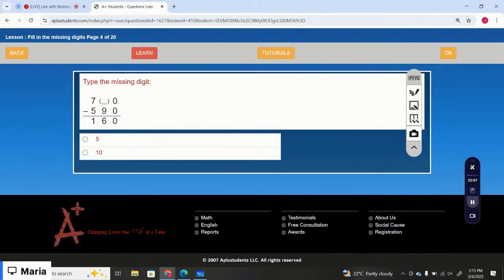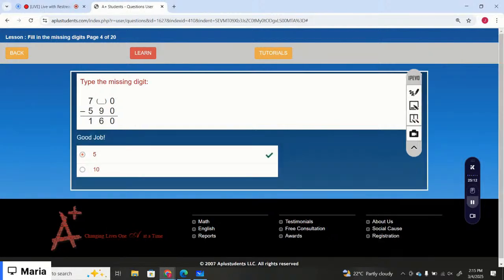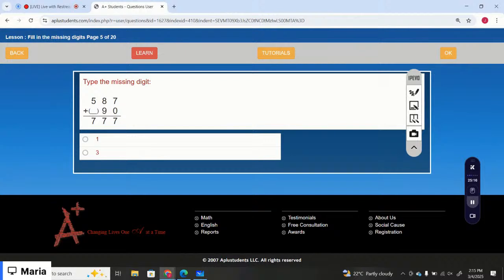The missing number is 5. Option number 1 is the correct option. Type the missing digit.